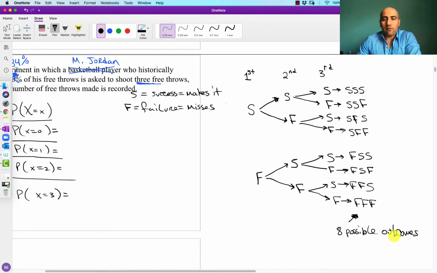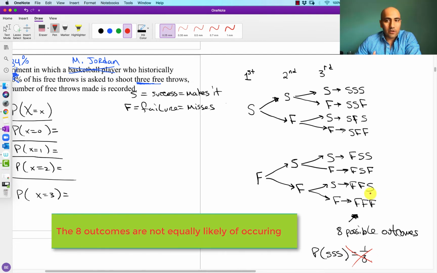So if you ask yourself, what's the probability that he makes all three? It's tempting to think, well, that's this situation, 1 out of 8, right? No, it doesn't work that way. It doesn't work that way because even though there are 8 possible outcomes, they are not all equally likely of occurring, right?